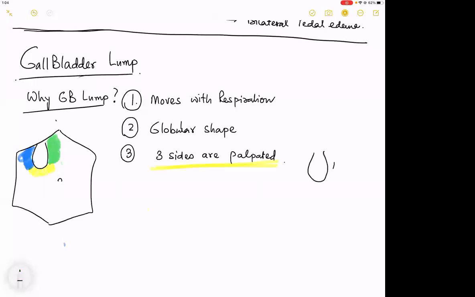The superior side. Very good. Why were you unable to feel the superior side? It is behind the inferior lobe of the liver. Very good, because it is attached with the liver. The superior side is not felt as it is attached with the liver.